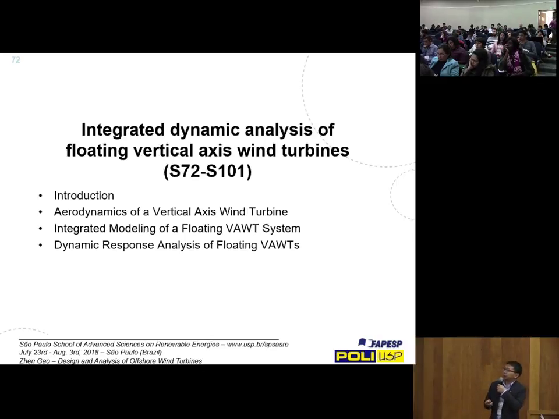Here I will just briefly mention vertical axis wind turbine as compared to horizontal axis wind turbine, and basically look at the aerodynamics and then also integrated analysis. We have the same software feature for the hydrodynamic part of the vertical axis wind turbine, and then do some comparison between the floating vertical axis wind turbine and the horizontal axis wind turbine.